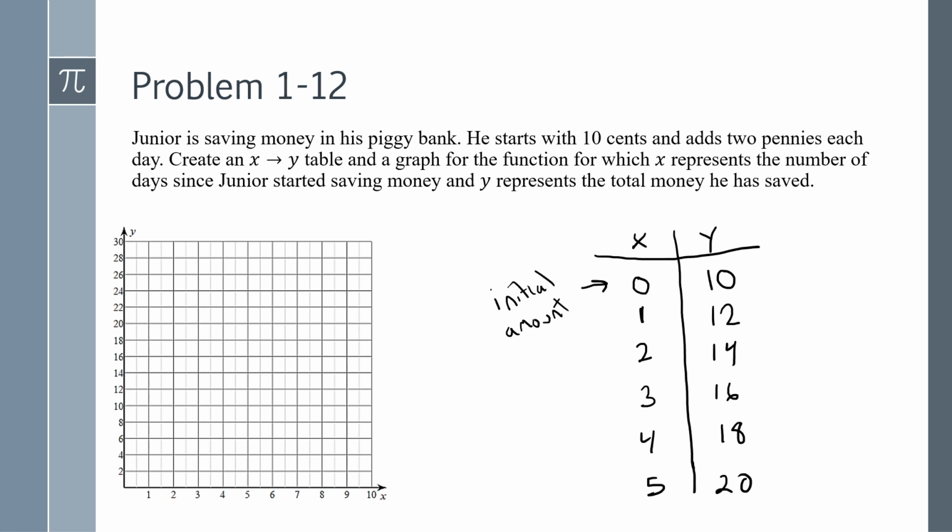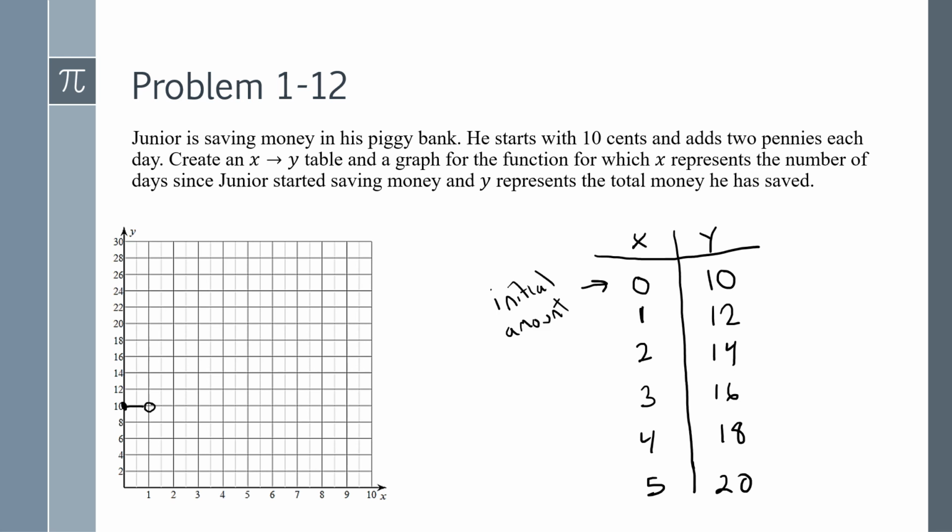So now we're going to plot these points on the graph. Let's find 0, 10, it's right here. We're going to plot a point there. Now, the thing we have to remember is that he doesn't get coins every single minute of every day. So throughout the first day, he's still at 10. So we're going to draw a line that goes from here to here. Then we have an empty circle here, because this empty circle means throughout the whole day he has 10 cents.